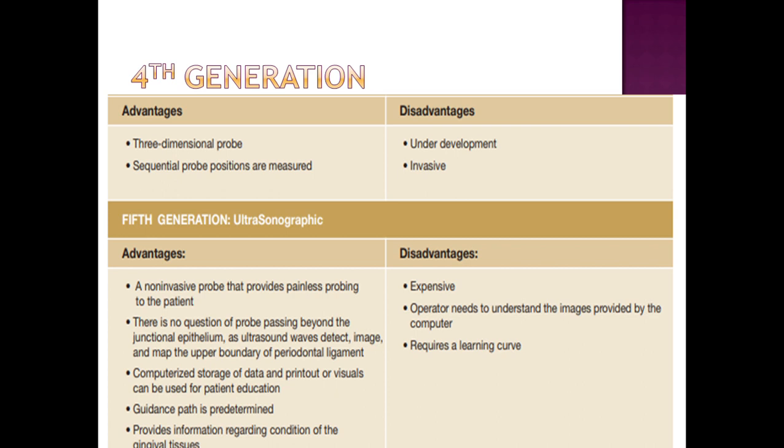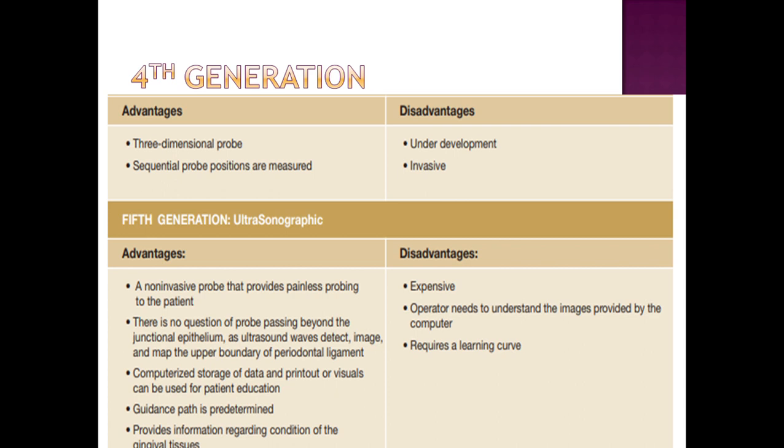ultrasonic probes. Advantages are a non-invasive probe that provides painless probing to the patient. There is no question of probe passing beyond the junctional epithelium, as ultrasound waves detect the image and map the upper boundary of periodontal ligament. Computerized storage of data as well as printout is there so that we can educate the patient.